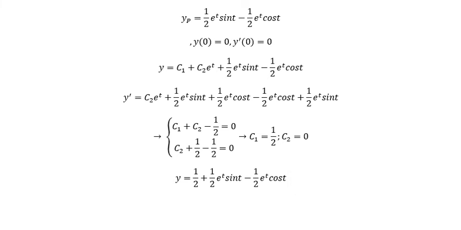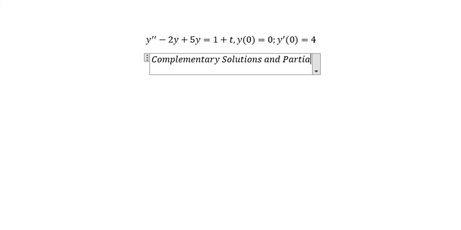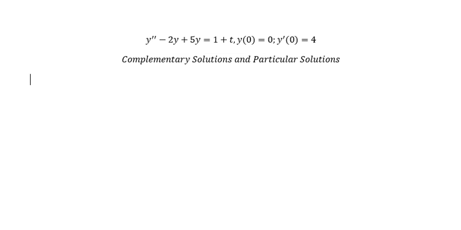Now we go to the second question. So we will use the same technique. So we have complementary solutions and particular solutions. So about complementary solution, we got about yc equals to e to the power of lambda t.